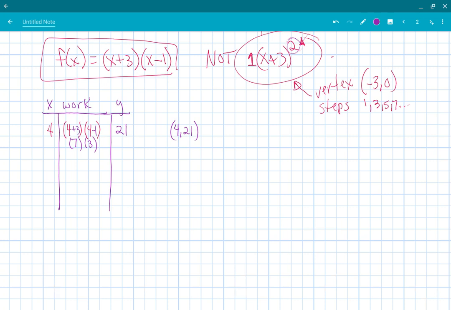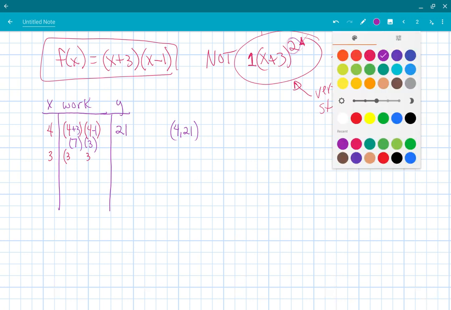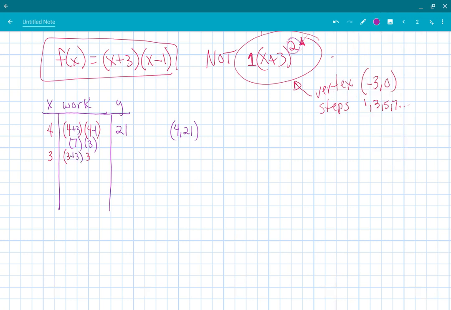All right, guys. What is another input that would be kind of cool to plug in? 3. Let's do 3. So I'm going to replace all of the x's with 3. All right. 3 plus 3 is 6. 3 minus 1 is 2.